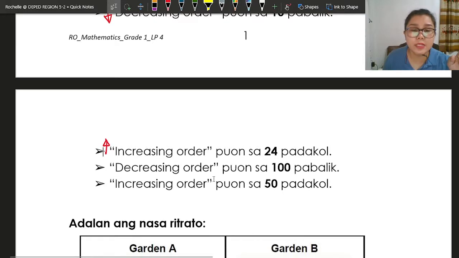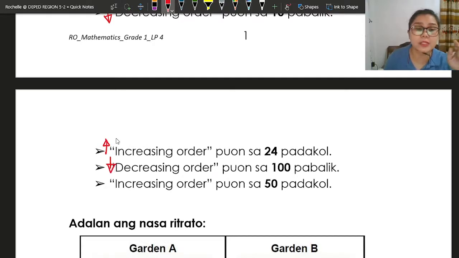Next, decreasing order starting from 100 going back. So what do you mean by decreasing? It's going down. When we say decrease, there is an attached prefix, de and in. De means going down, in means going up.